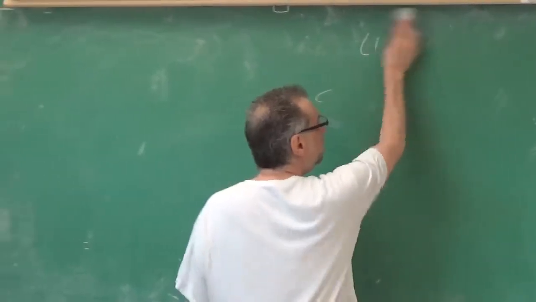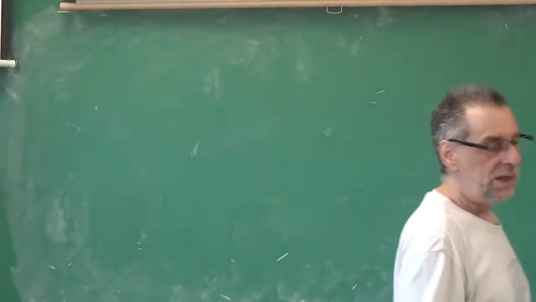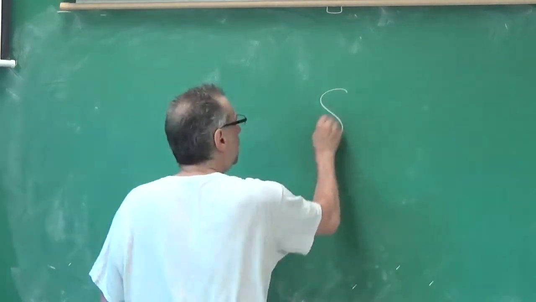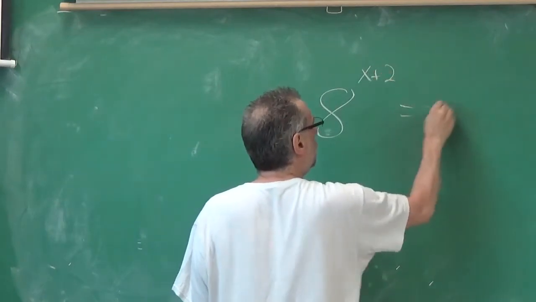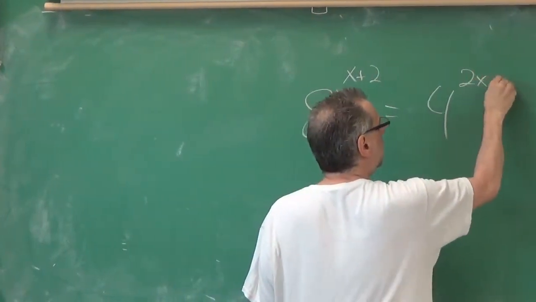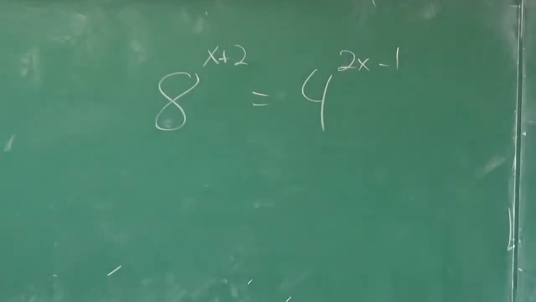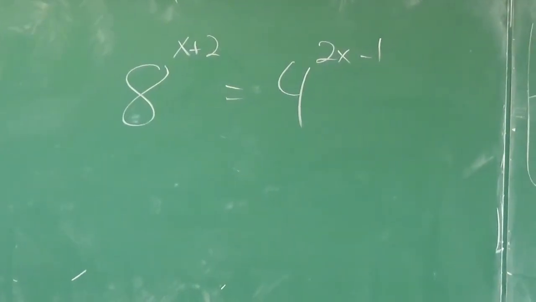Sometimes you have to change both bases to get a same base. Let's look at one of those. All right, so this is an example of another exponential equation.